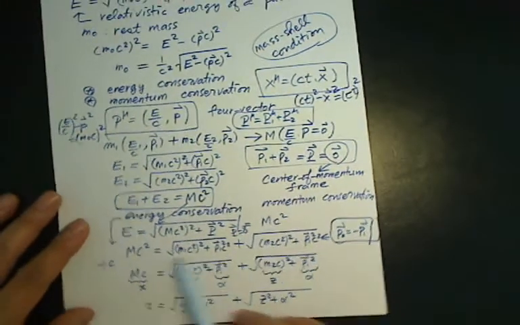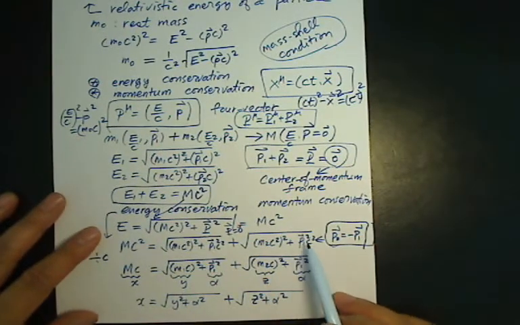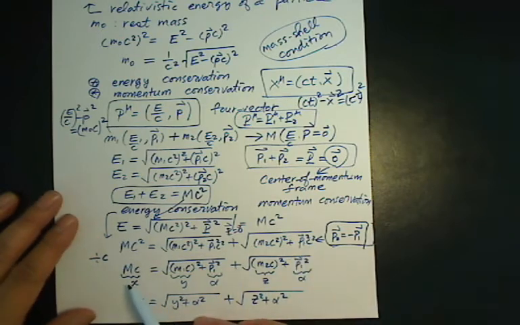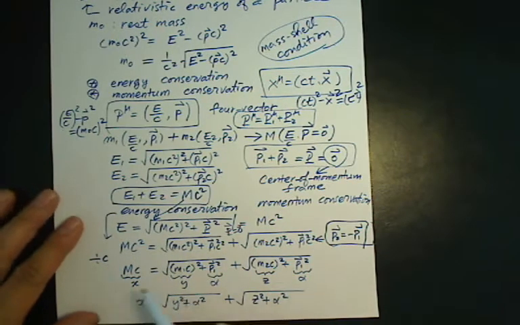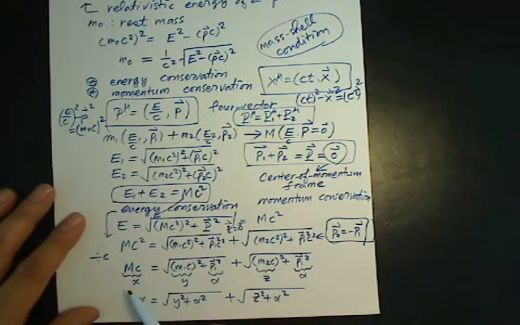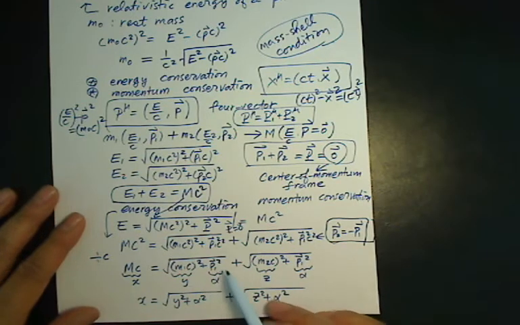To solve this equation to find the magnitude of P1, we make the following substitution. First, divide this equation by c, the speed of light. And Mc is replaced with x, m1c is y, m2c is replaced with z, and the absolute value of momentum P1 is replaced with alpha.